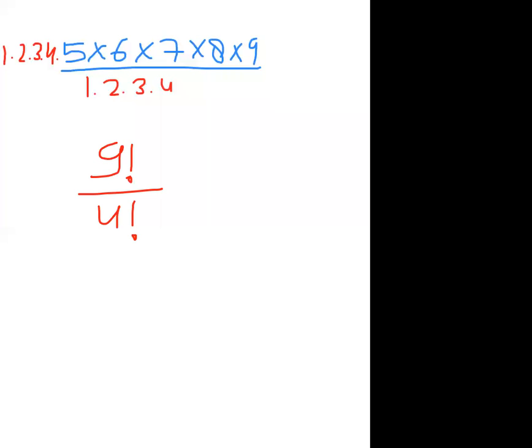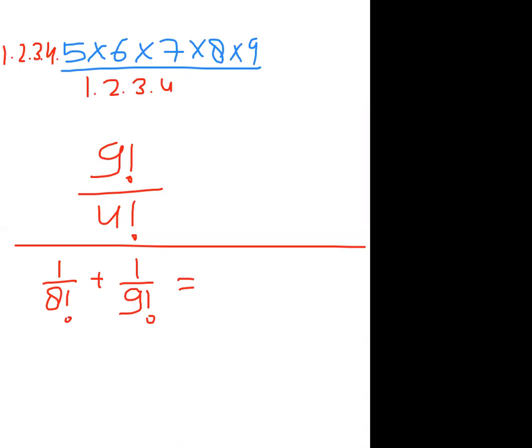One more question is given to us. It is 1 upon 8 factorial plus 1 upon 9 factorial is equal to n upon 10 factorial. I need to calculate n. So we need to find the value of n.